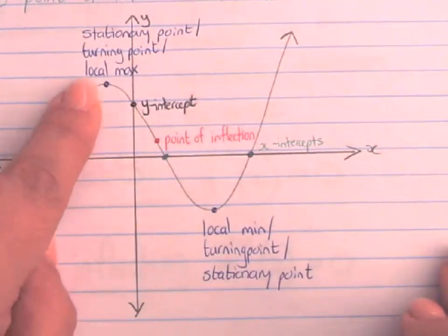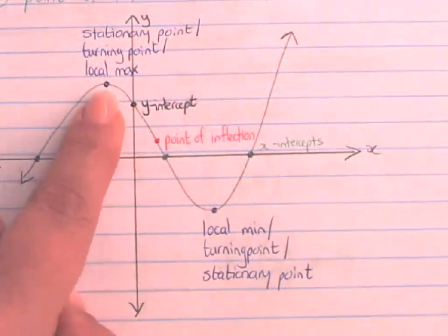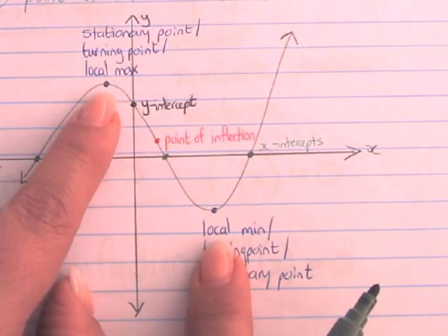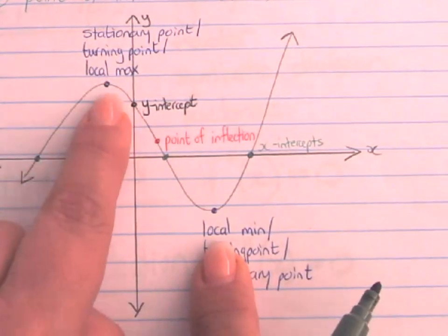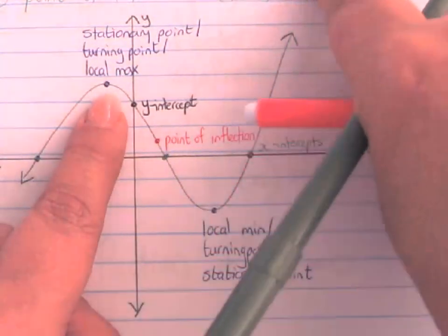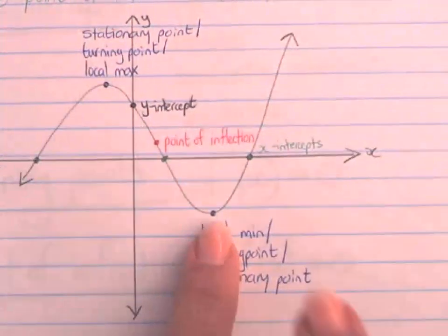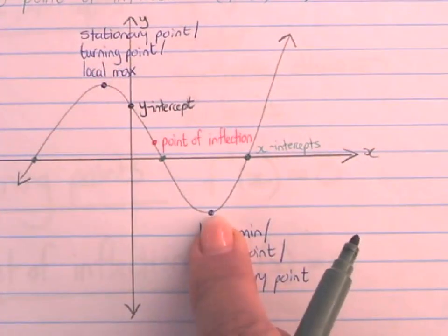If it's a positive graph, this is called the local maximum. And this is called the local minimum because it has a maximum value there, but it's only local because we can carry on here with other maximums. And this is a local minimum, but it's only there because we can carry on here to a lower minimum.